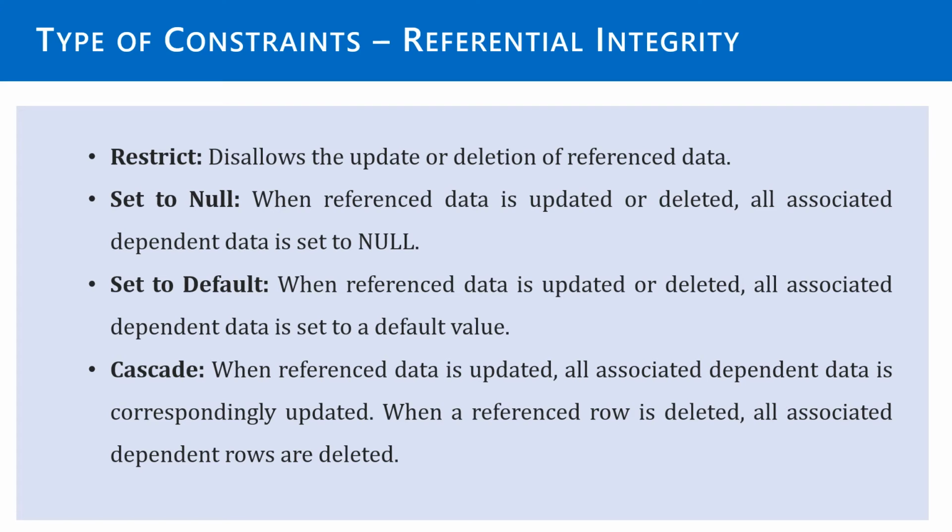That is called cascade. Simultaneously, both the updates or deletions are performed in the parent table as well as in the related table. So these are the various referential integrity rules.